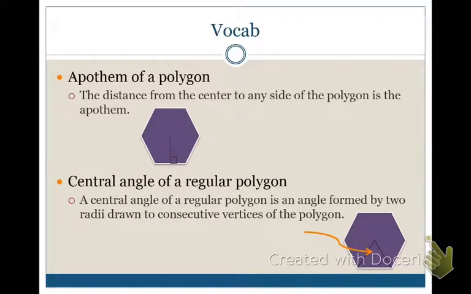Let me highlight that so you can see. Here's the apothem. Here's the central angle. Remember, the radius is from the center to a vertex.